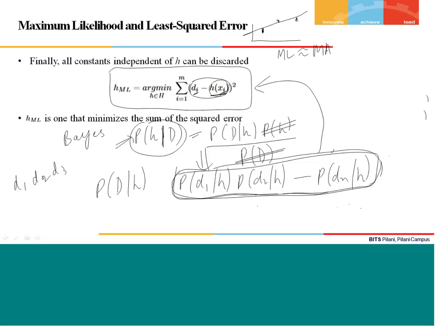in our assumption. Now, the other way to see it: if somebody comes and asks you to directly minimize the errors, you want to minimize the sum of error.